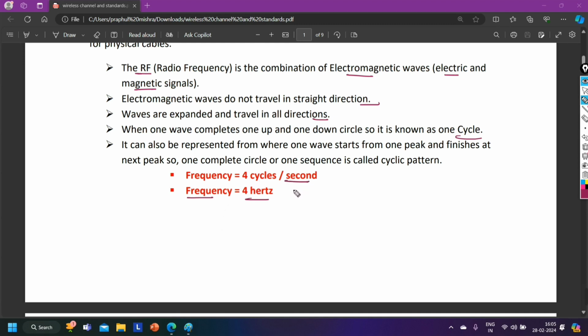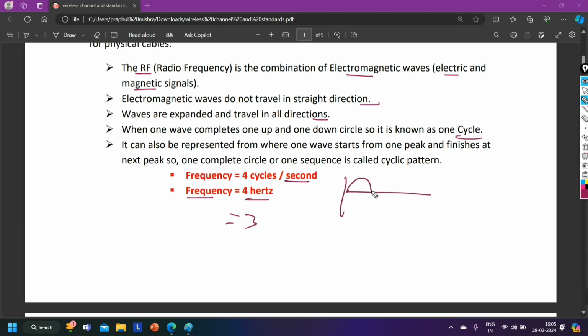In 1 second that wave is completing 4 cycles. If I'm saying the frequency is 3, that means my wave is completing 3 cycles in a second. 3 cycles means 3 times up, 3 times down, right?